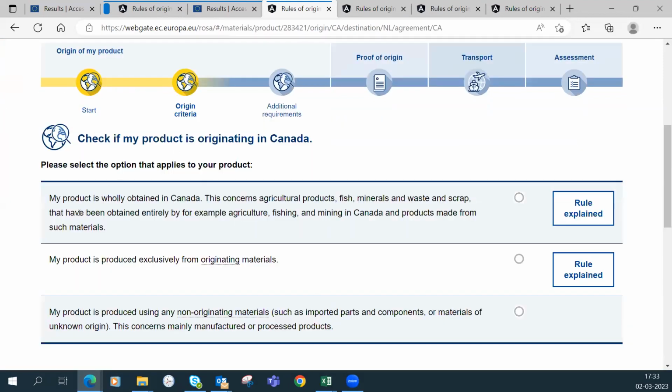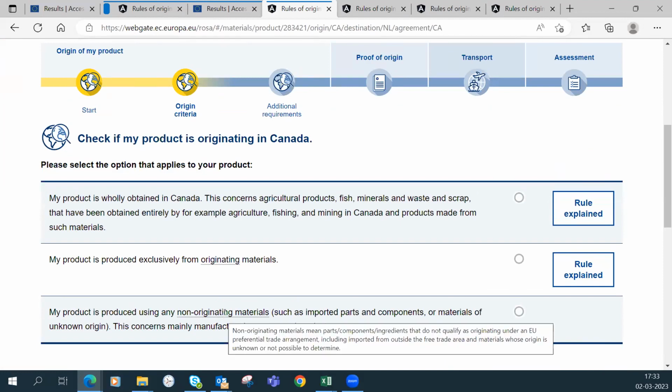I start. So here, to the first question, my product is obviously not wholly obtained because I have imported product. So in fact, I am in the third category: my product is produced using non-originating material. Again, if you don't really understand what non-originating means, you have a mouse-over there and it explains that non-originating material means parts, components, ingredients that do not qualify as originating under an EU preferential trade agreement.